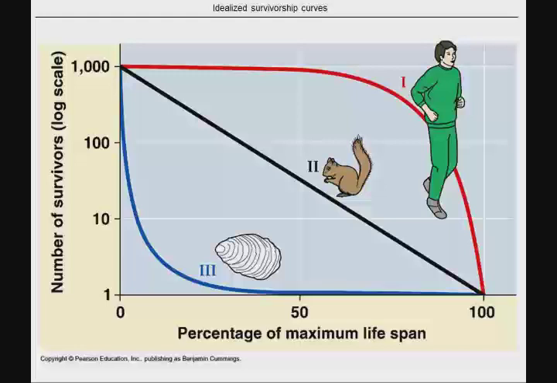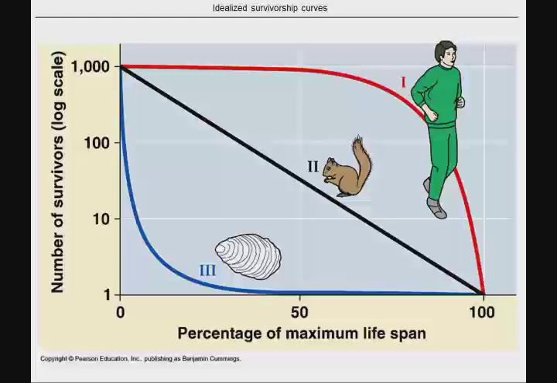And so a type 1 curve is characteristic of humans, where you have low infant mortality, high survivorship rates across many ages, and then as you reach kind of near the maximum age of lifespan, it drops off completely. So you'll notice that the x-axis is percentage of maximum lifespan. So that normalizes the curves because humans live a lot longer than squirrels, right, and clams. So converting that into a percentage allows you to compare these curves in a reasonable way.